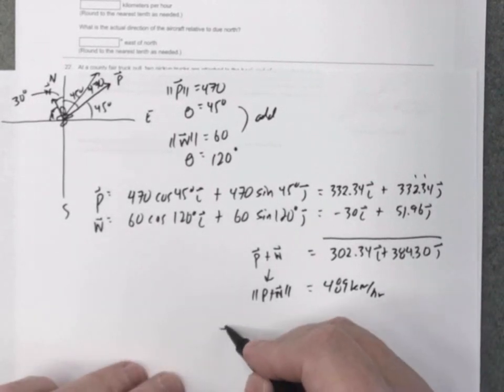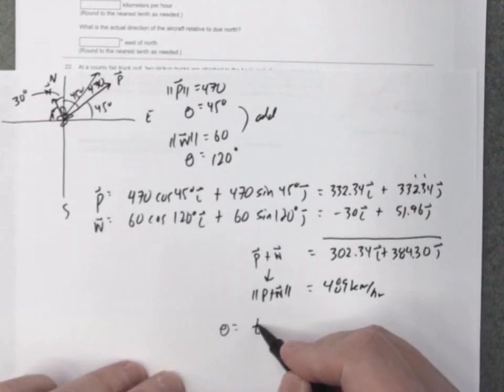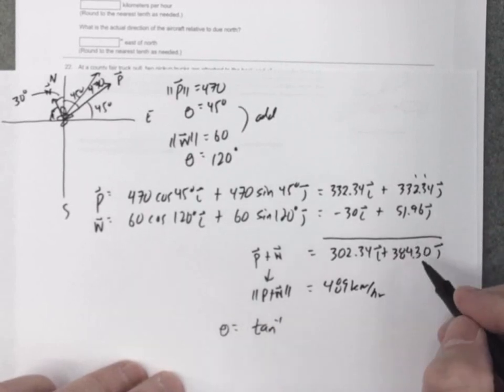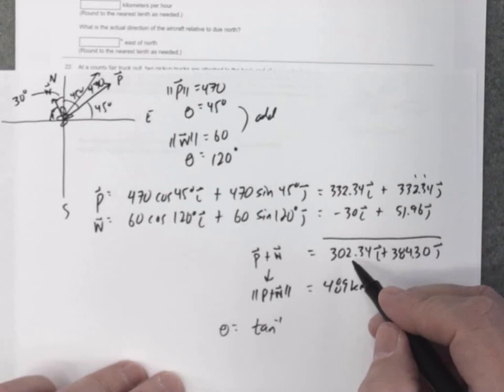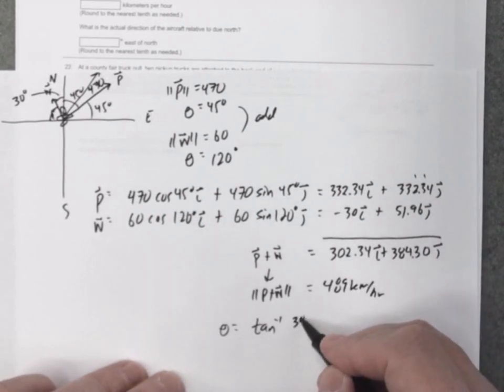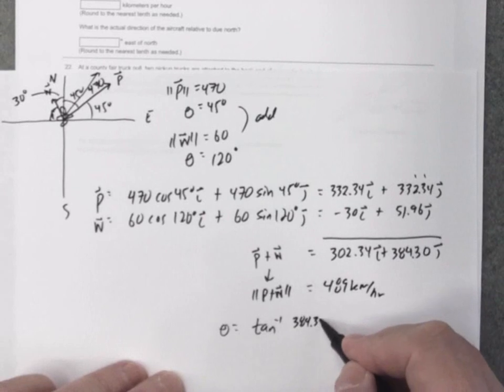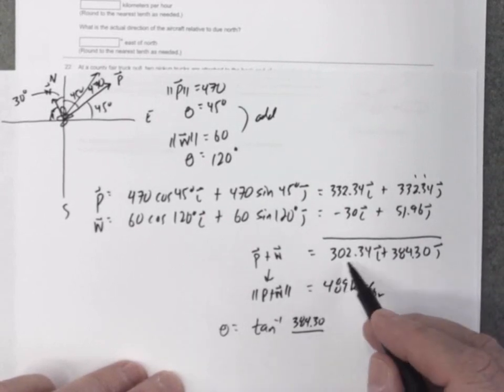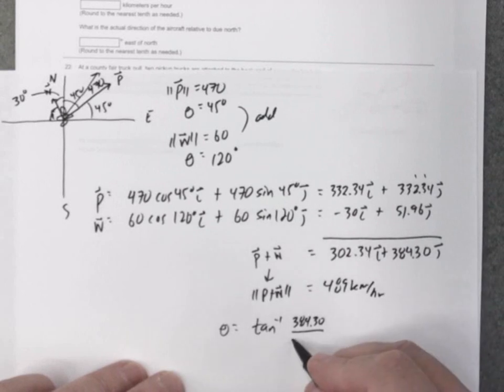Now they also want the angle. So the J part over the I part, so 384.30 over the I part, 302.34.